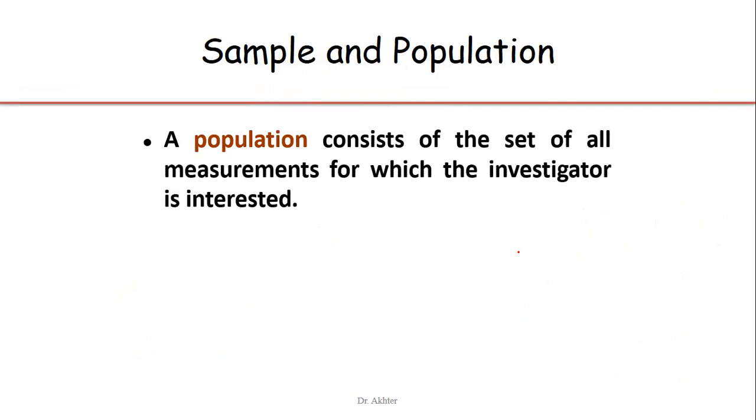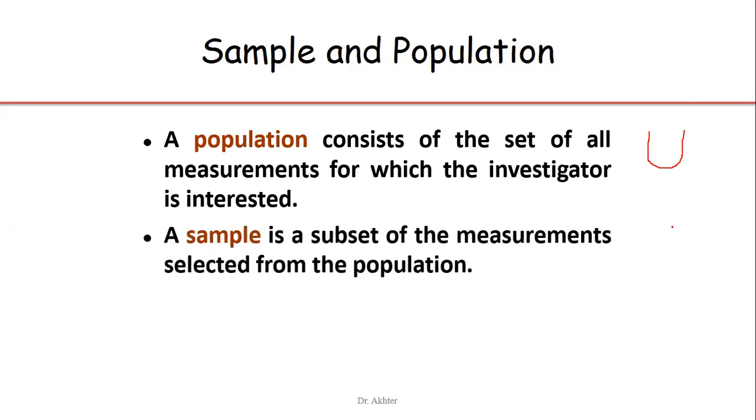Now, all of you are familiar with the term population. The formal definition is that it consists of all the measurements in which the investigator is interested. Simply, we can call it a universal set. A population may be referred to as a universal set in set theory, and a sample can be used as a subset.